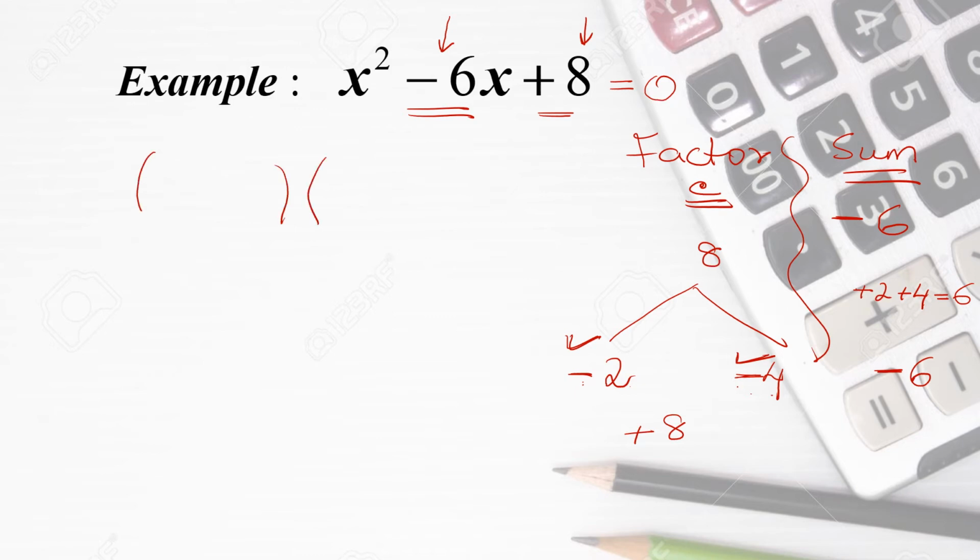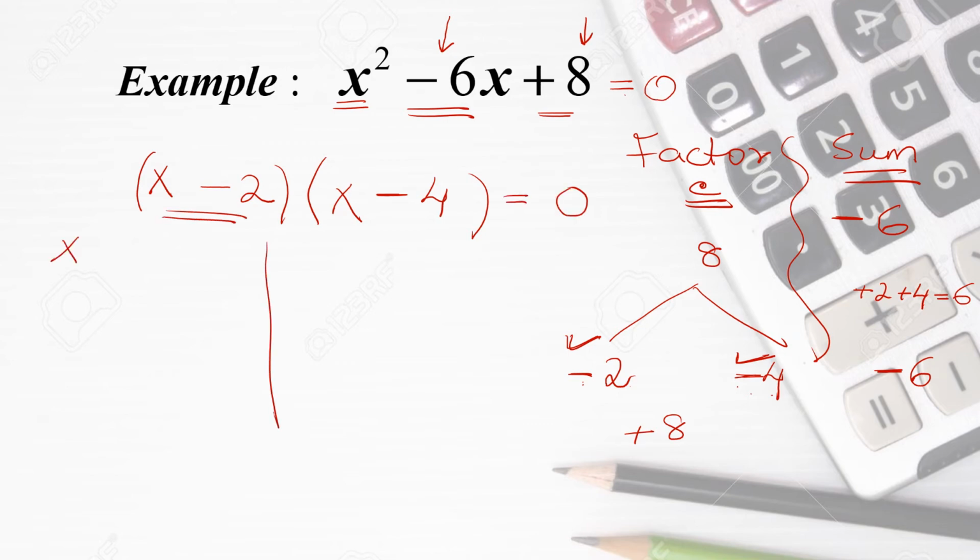So make two brackets. Since the first term is x square, you just separate it into x times x, that is x square. The first factor is negative 2 and the second factor is negative 4, and everything equals 0. Now in the end, you have to write the first term, that means x minus 2 equals 0, and then write down x minus 4 equals 0 and solve for x.